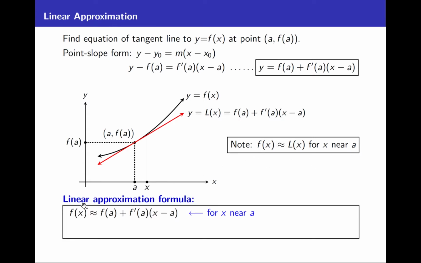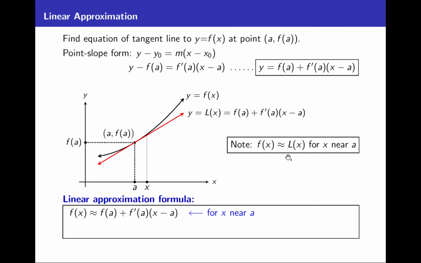Summarizing this, we get what we call the linear approximation formula, that f of x is approximately equal to L of x, which is f of a plus f prime of a times x minus a, whenever x is near a. They're not quite equal, but this nonlinear function is approximately equal to this linear function. That's called the linear approximation formula.